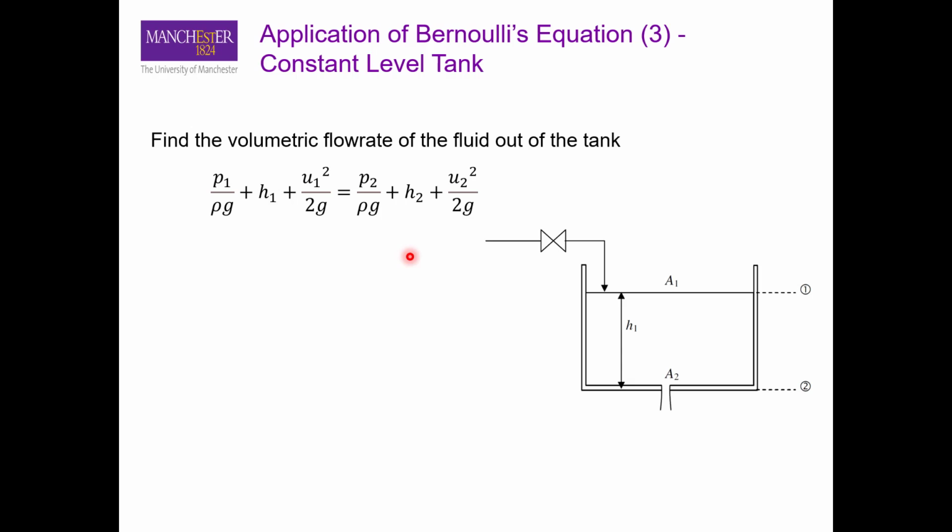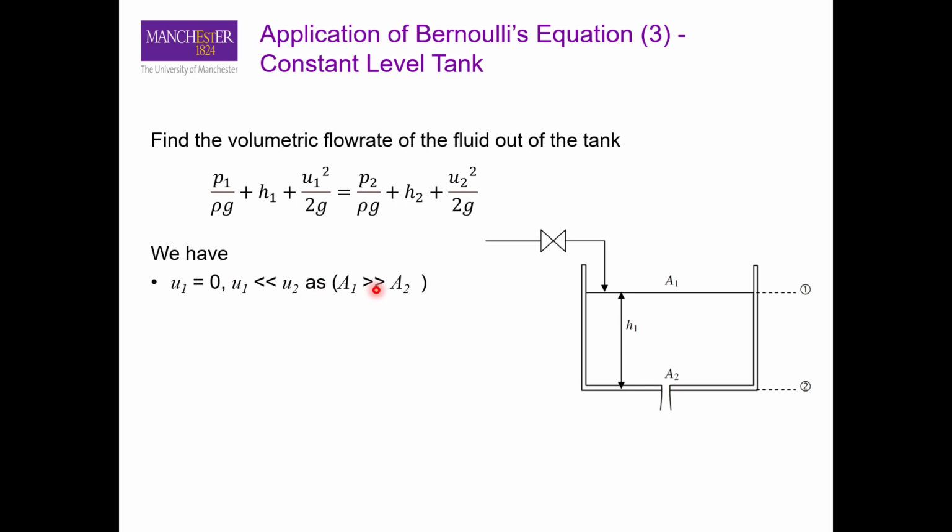The first assumption that we are going to make here is that U1 is equal to 0. And the reason for that is that U1 is much less than U2 due to the reason that A1, that is the cross-sectional area of the tank, is much larger than A2, that is the area of the hole.